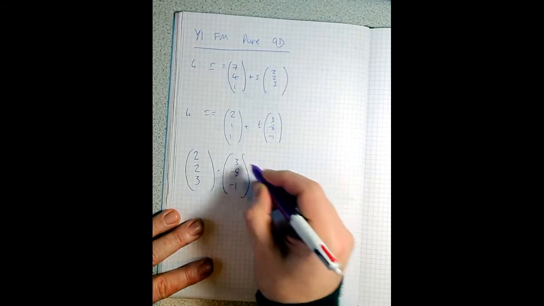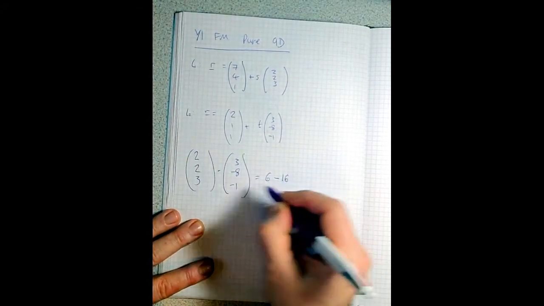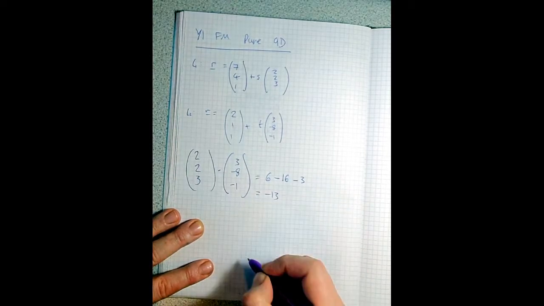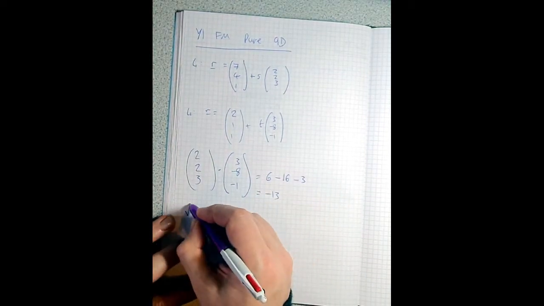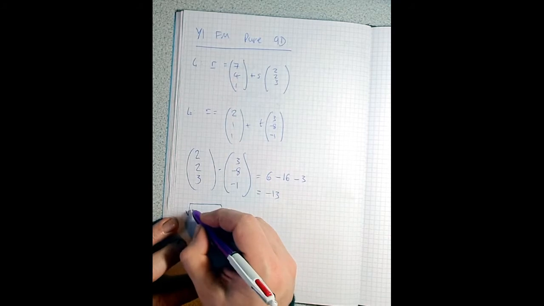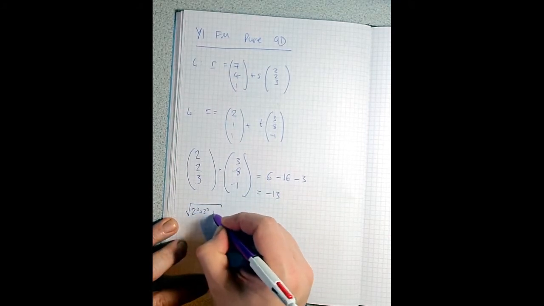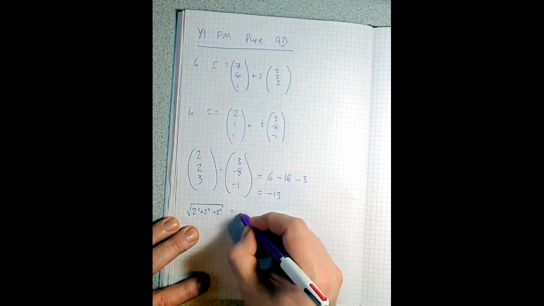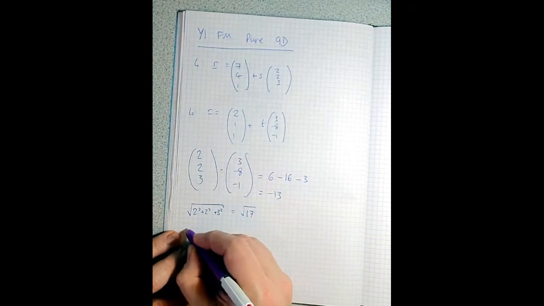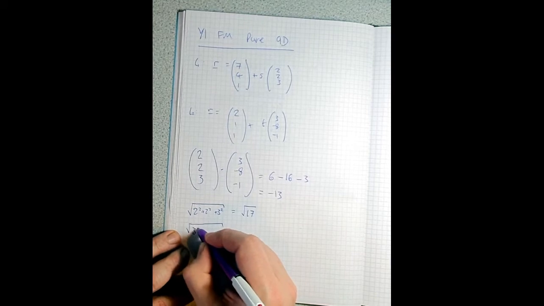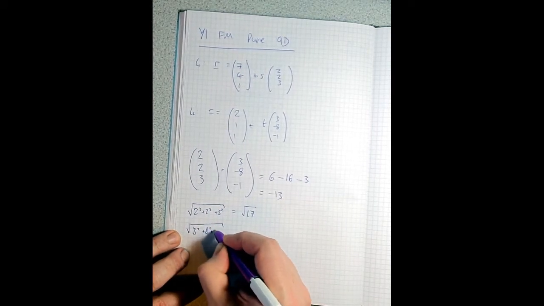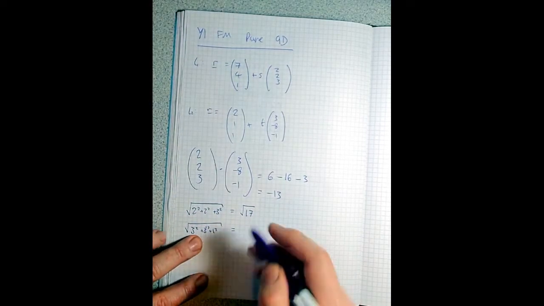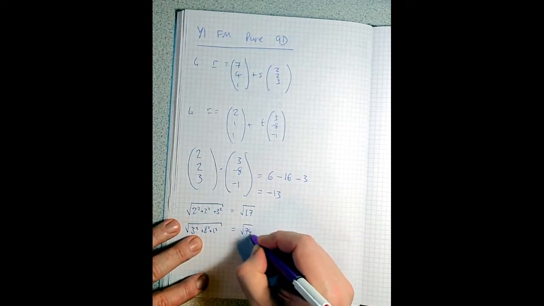6 minus 16 minus 3. Let's find their lengths. 2 squared, 2 squared, 3 squared: 9 and 4 is 13, plus 4 is 17. And 3 squared, 8 squared, and 1 squared: 10 plus 64 is 74.